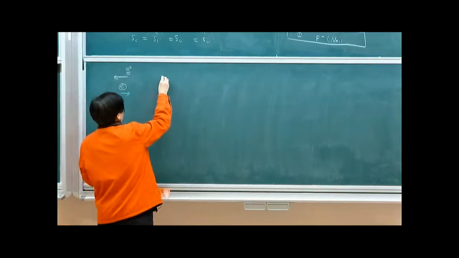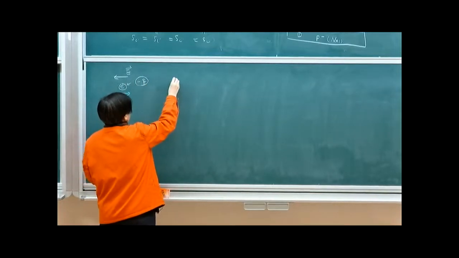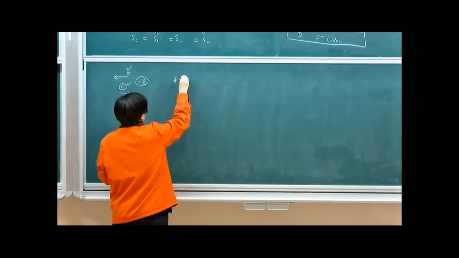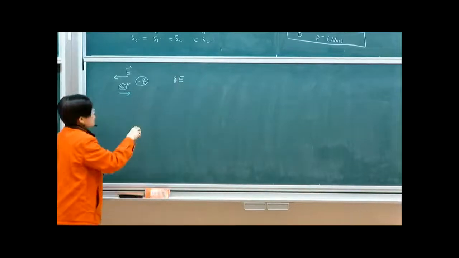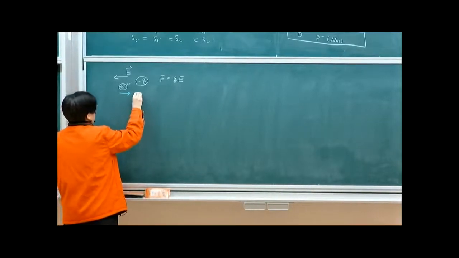If I have an electron in free space, what do you expect? It will experience a force because it carries a minus Q. Therefore, it will be a coulombic force. Let's leave the direction out for now. So the electron will experience a coulombic force pushing it in the x plus direction.